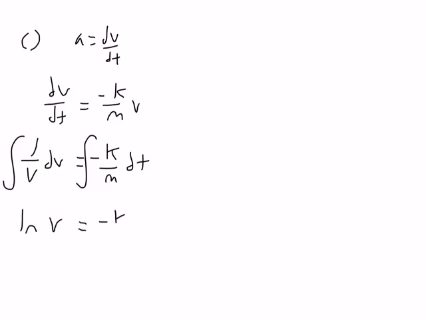And on this side, we just get t. And we need to remember that constant of integration, because we haven't put endpoints on our integral. So now we need to find this constant c using our initial conditions. We are told at t equals 0, its velocity is v0. So plug those numbers in.